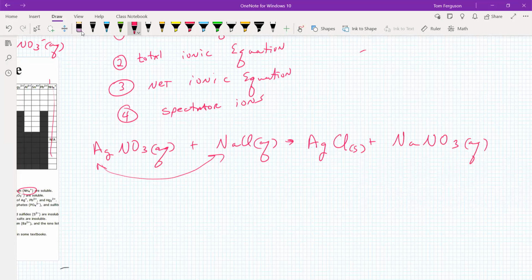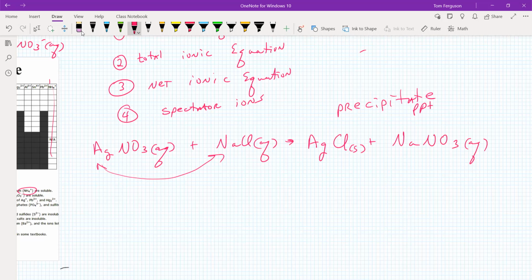Now, some books will call that a precipitate or a PPT. Other books will call it an S. So you can either put PPT there or S. S to me is more logical.